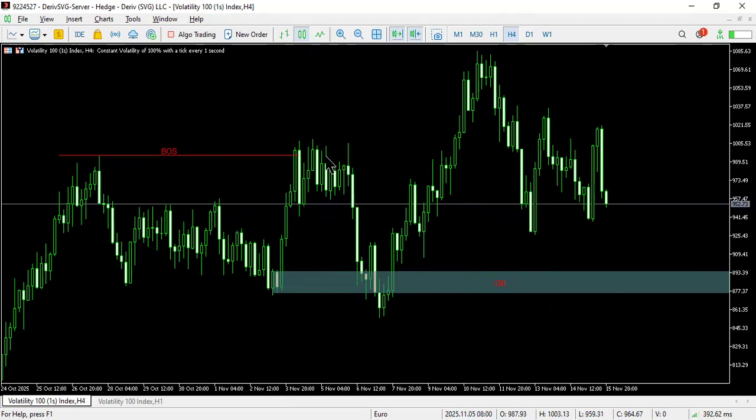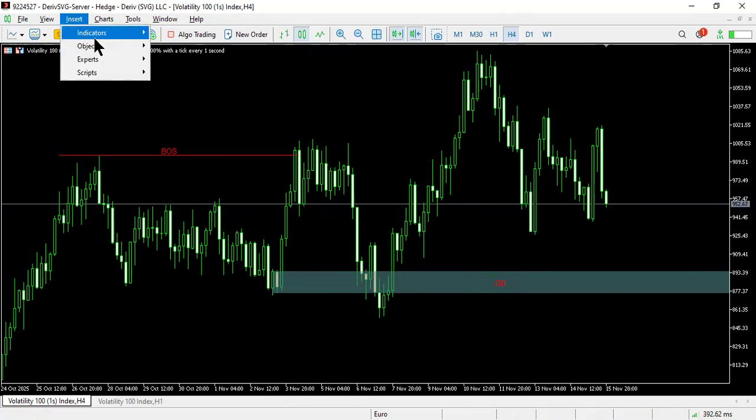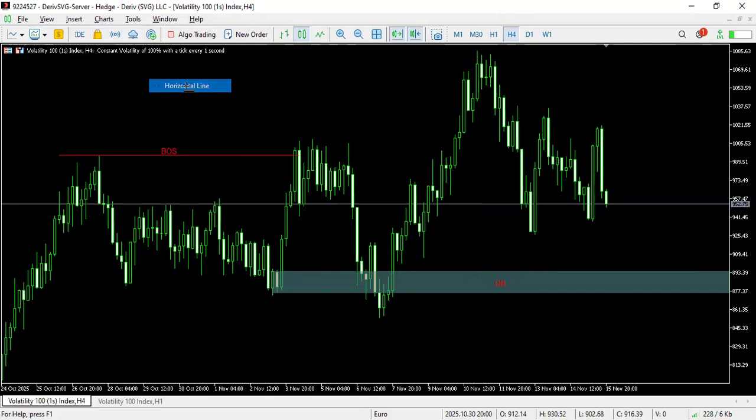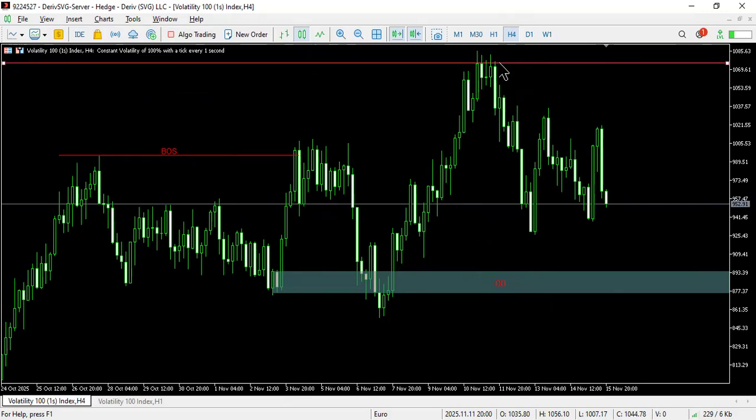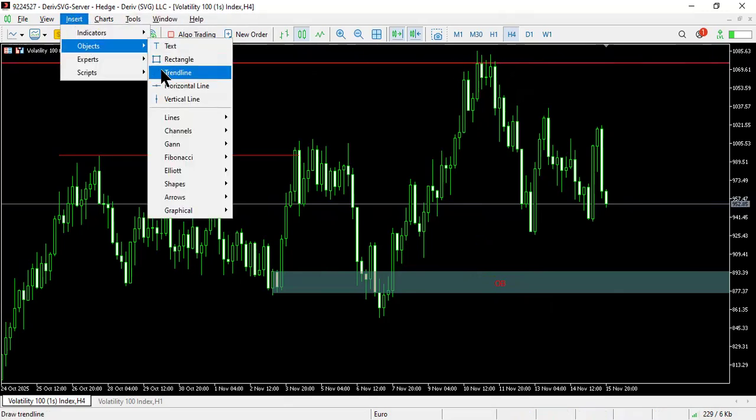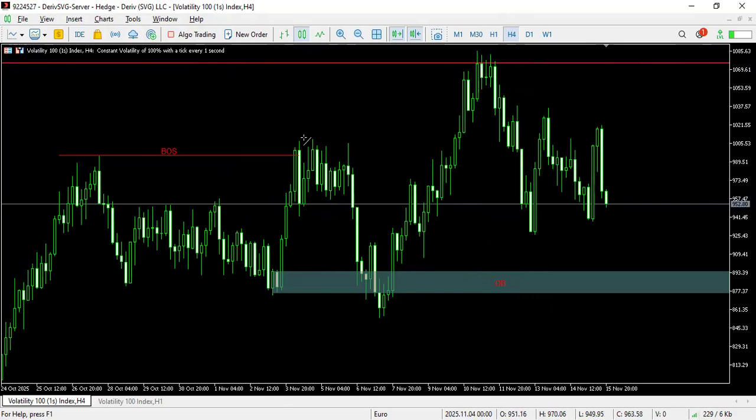And then I'm seeing another break of structure which is there.